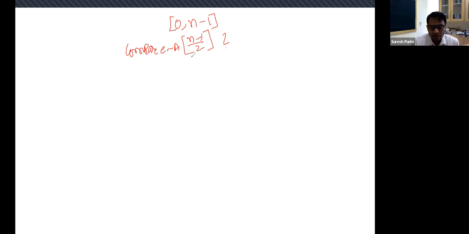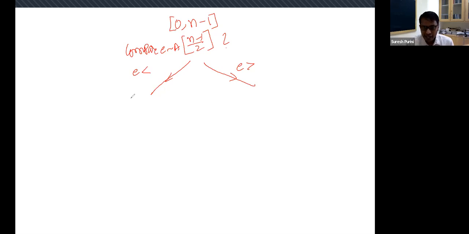And there are 3 possibilities. The first possibility is E is equal to the element. The second is E is less than this. The third is E is greater than this element. If it is equal, then we stop the search.